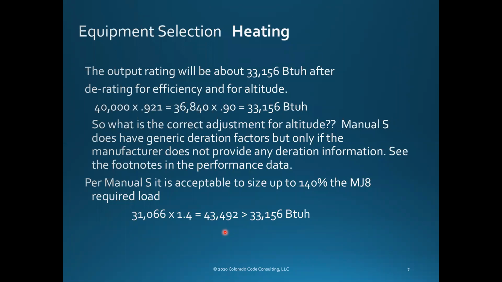I'll show you that it does. But because of the blower size, in order to get enough air to move, we will need to get a bigger blower. Well, I can't get a bigger blower than 40,000. I've got to go to the 60,000 BTU furnace to get a bigger blower.